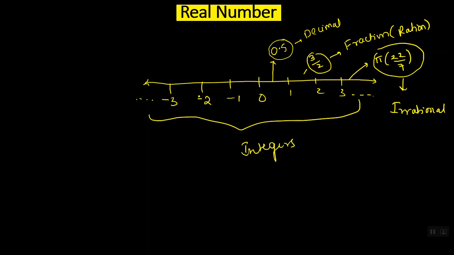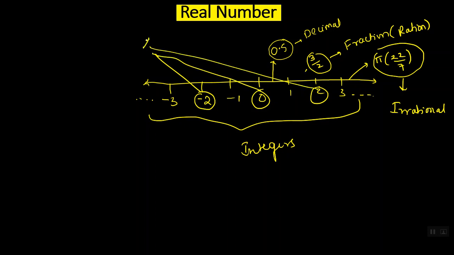If I take only the numbers which are multiples of 2, that is 0, 2, positive 2, negative 2, and so on, these are called even integers.